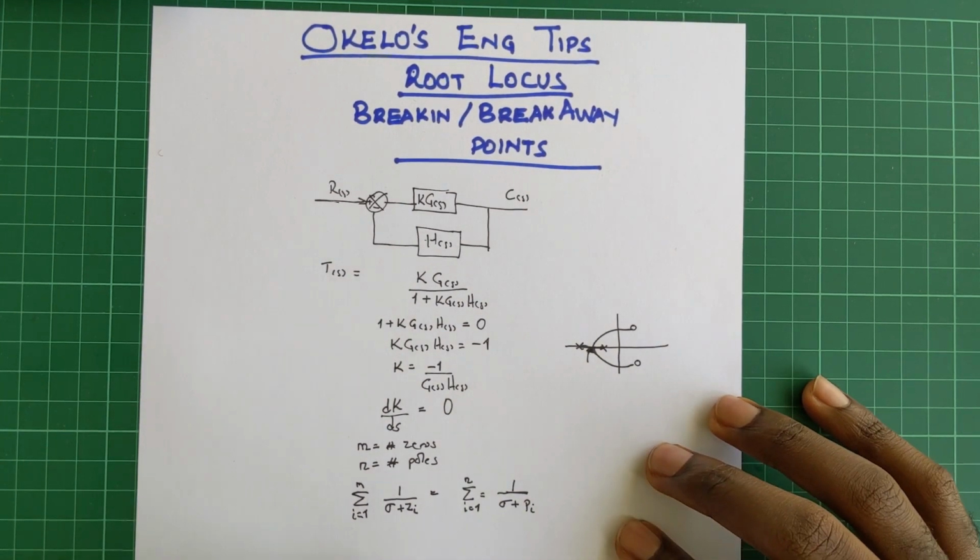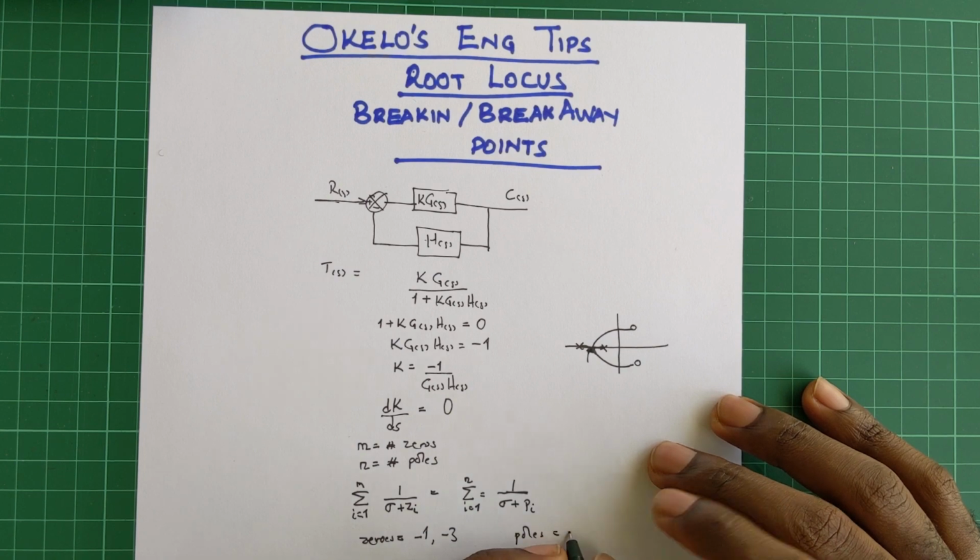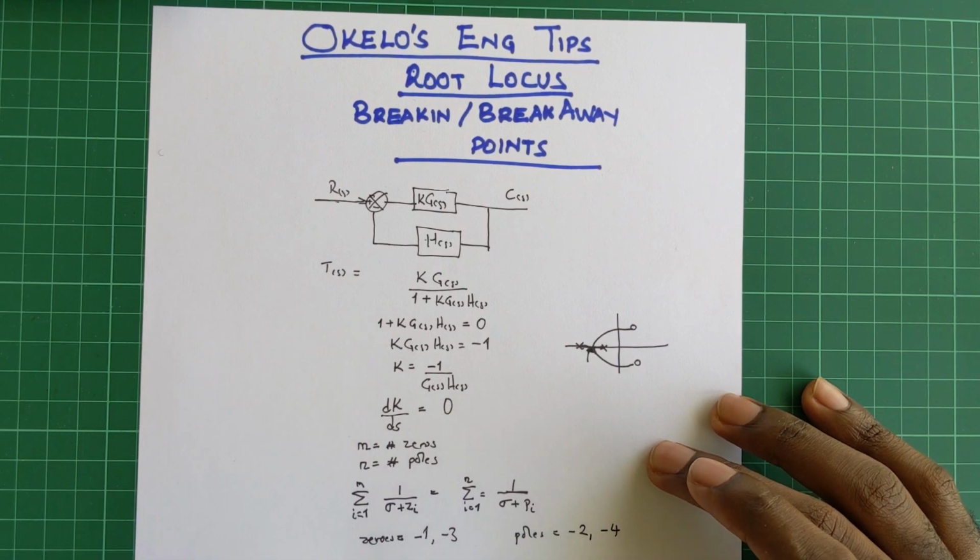So for instance, you have your zeros as -1 and -3, and you have your poles as -2 and -4.